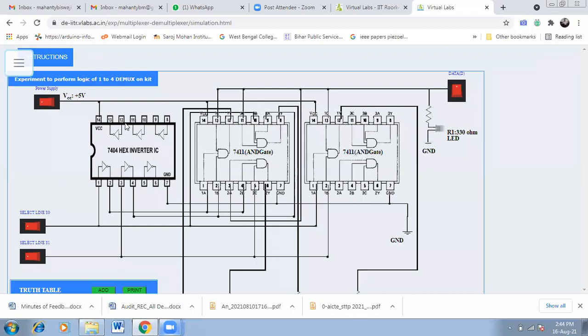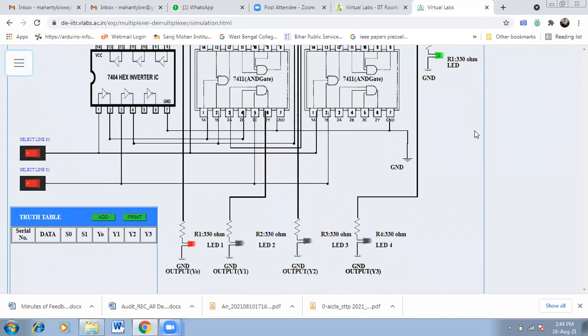Before starting, as I mentioned every time, you have to switch on the power supply of the board. Then only you will get the correct output. Due to some network issue, this data input is sometimes changing.